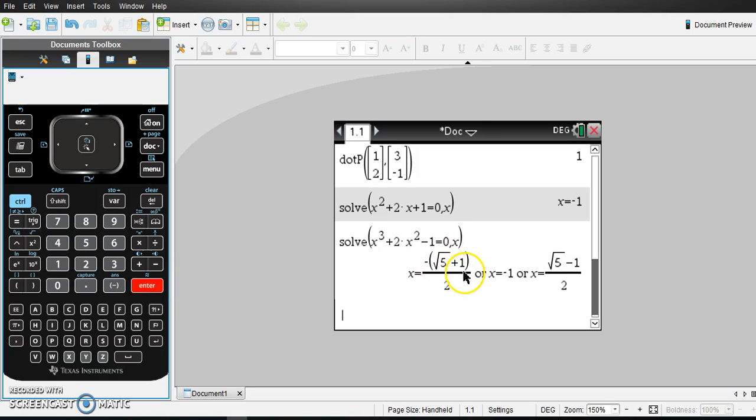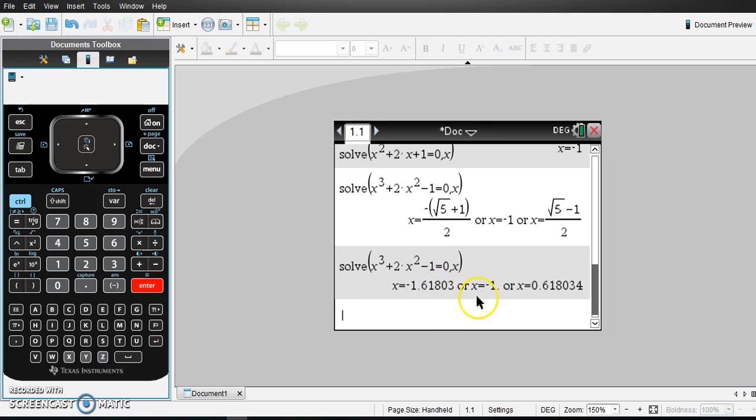And again, we have square roots in the answer. I press Control and Enter. It gives me the three results as decimal numbers. And of course, in this argument here, x doesn't need to be our variable at all. It could be any of the letters that you choose, just as long as you specify which variable it is here afterwards, after the comma.